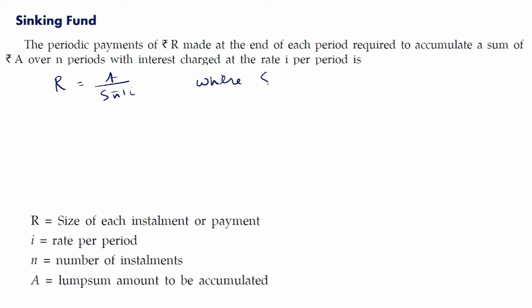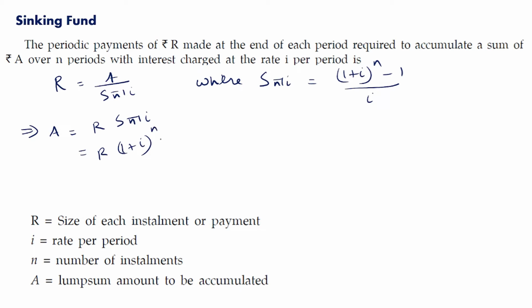where S angle n at i rate per period is (1 plus i) the whole raised to n minus 1 upon i. So from this we can find the accumulated sum as R into S angle n at i rate per period, or it is R into (1 plus i) the whole raised to n minus 1 upon i.